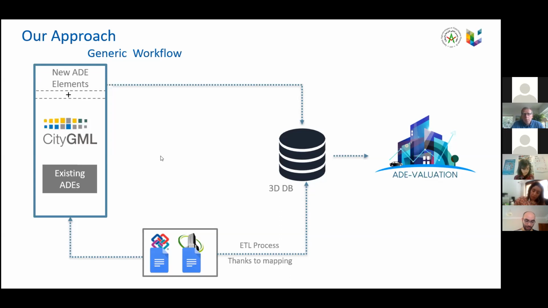I also would like to ask a question. What are your real use cases to test your model? For example, you would like to create a mathematical model to test your 3D spatial attributes.